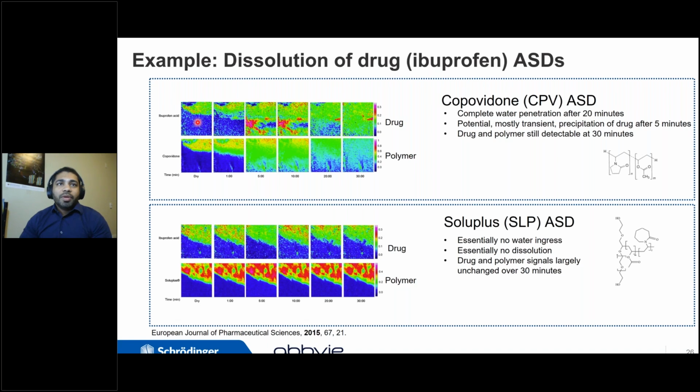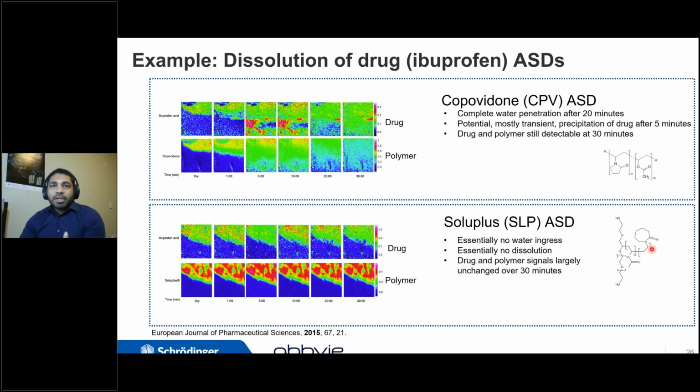The moment it's immersed, it starts to disintegrate, and during 30 minutes of immersion, we see that the drug is completely coming out of the pill, and the polymer is also completely dissolving into the solution. So when we replace this polymer copovidone with another polymer, Soluplus, which is a surfactant-like polymer, that is, it has a hydrophilic end, which consists of polyethylene glycol, and the other end is a random copolymer of vinyl acetate and vinyl caprolactam.